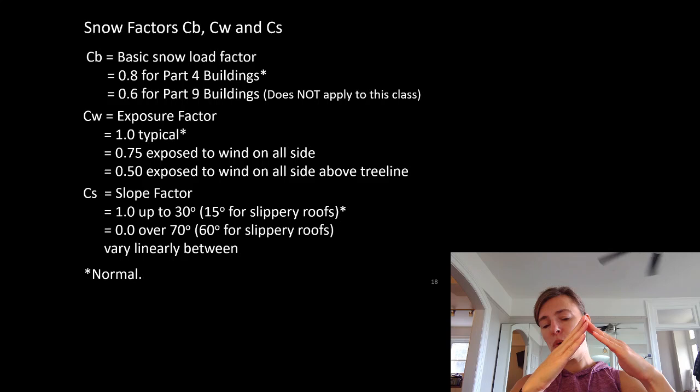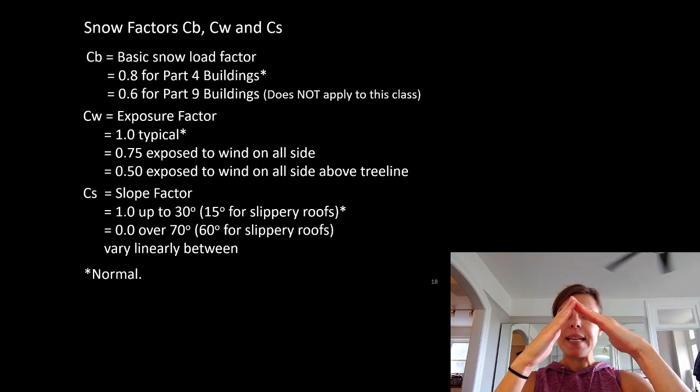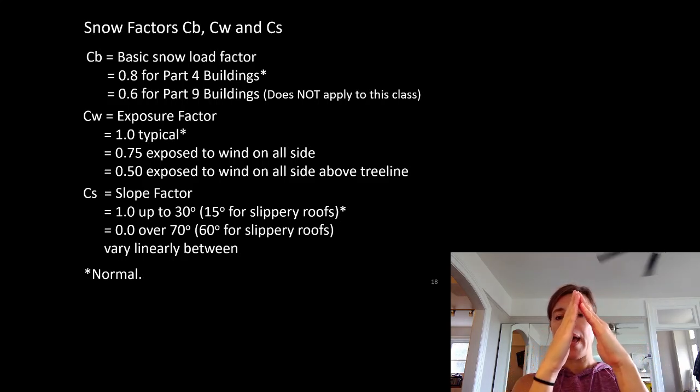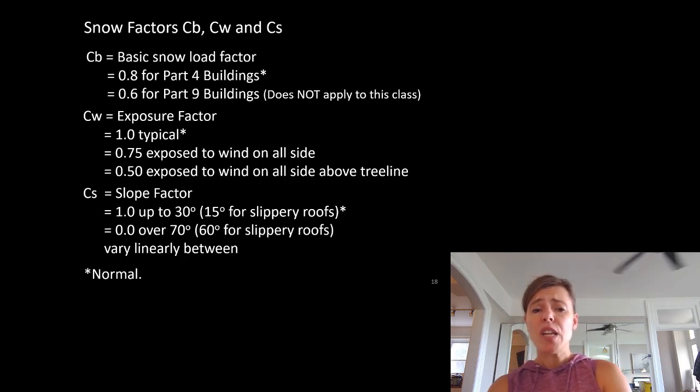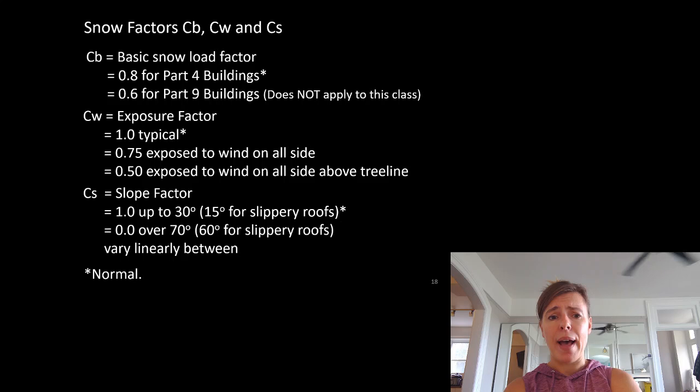At 30%, we start to apply a CS factor, and it is linear all the way up to 70 degrees, and then at 70 degrees, we say, oh, the snow slides off. That changes a bit if it's slippery roofs, but it's hard to get a slippery roof. That's an unusual kind of condition. So for us, don't even worry about it if you have below 30 degrees slope.